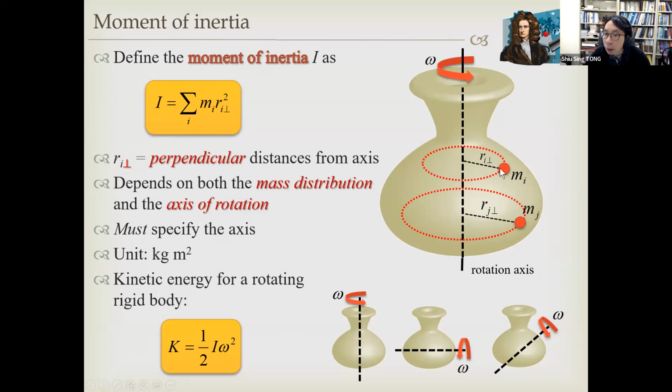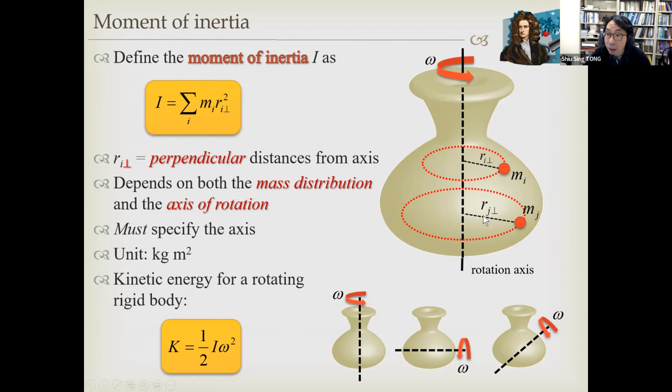Now, Mi is closer to the axis of rotation. Mj is farther away, right? So they have different distances. For Mi, you have Ri perpendicular. For Mj, you have Rj perpendicular, right? Now you can see these two distances are the radius of the circular path they move in.